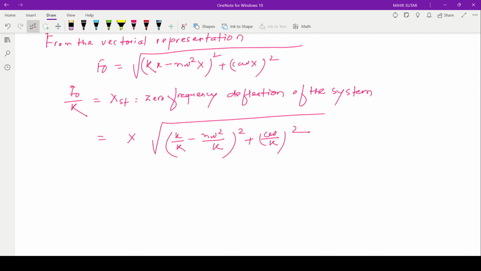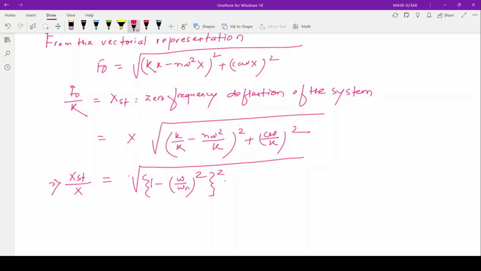Okay, so it is basically your x st divided by, bring this x to this side, so we'll have 1 minus omega by omega n whole square plus 2 zeta omega by omega n the whole square.